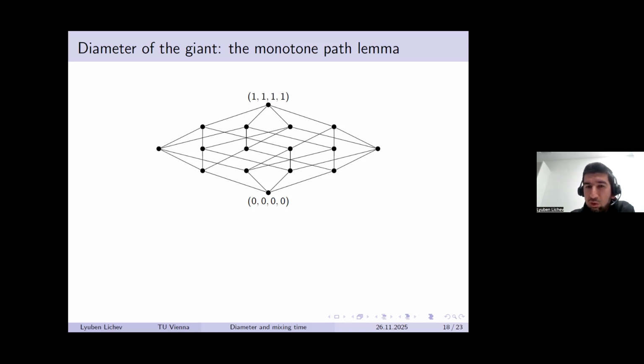If you do this, you will obtain essentially a graph which has kind of levels, as in this picture. So on the bottom we have the level of 0,0,0,0. This is the only vertex on this level. The topmost level also contains one vertex, and say the kth level in the middle contains exactly d choose k vertices.